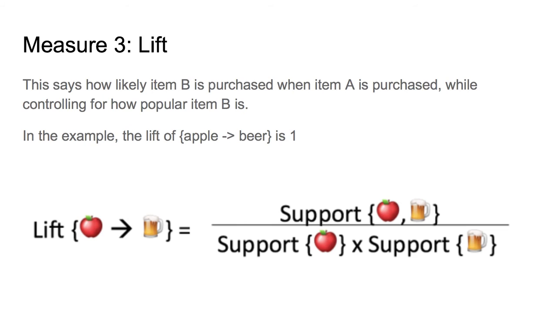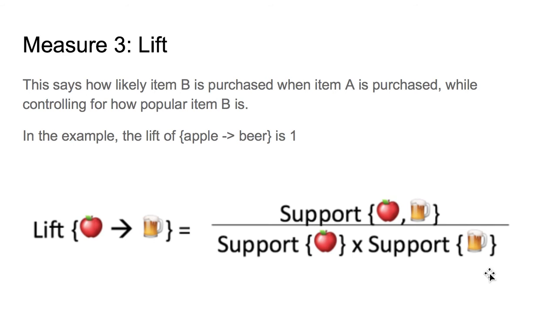Measure 3, lift. This says how likely item B is purchased when item A is purchased, while controlling for how popular item B is. In this example, the lift of Apple to beer is 1. So look at this formula. Support of Apple and beer, and support of Apple, are both calculated by us.